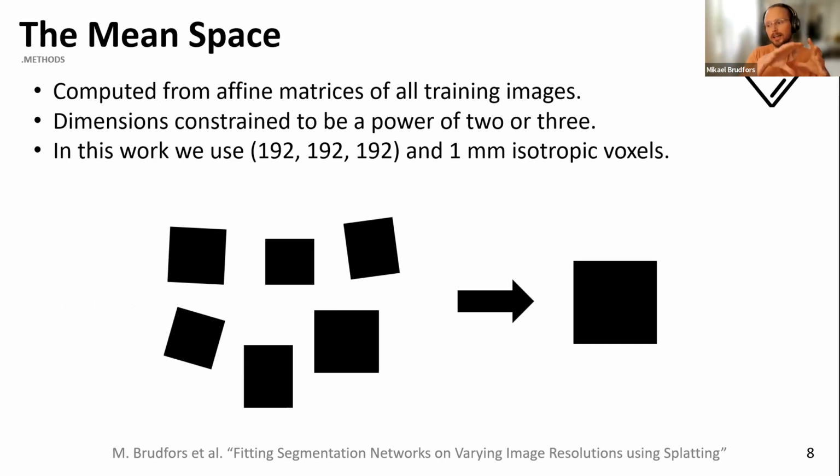So it sort of covers the field of view of all the training images. And then we constrain the dimensions to be a power of 2 or 3, because this just facilitates fitting these coarse-defined encoding decoding architectures. And for all the experiments in this work, we used 192 cubed dimension and 1 millimeter isotropic voxels.